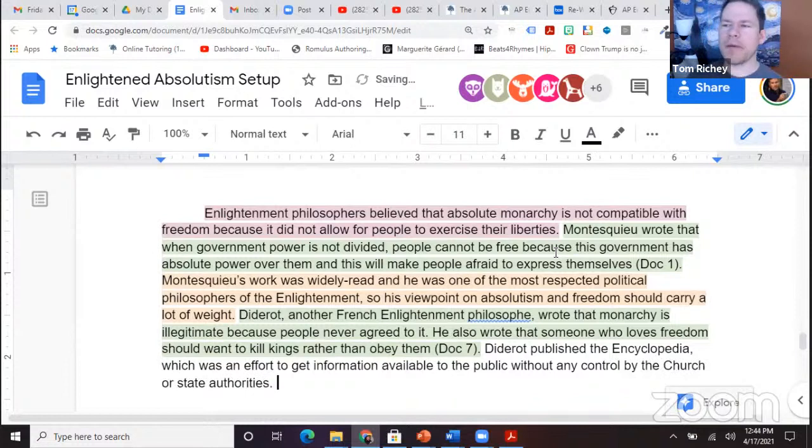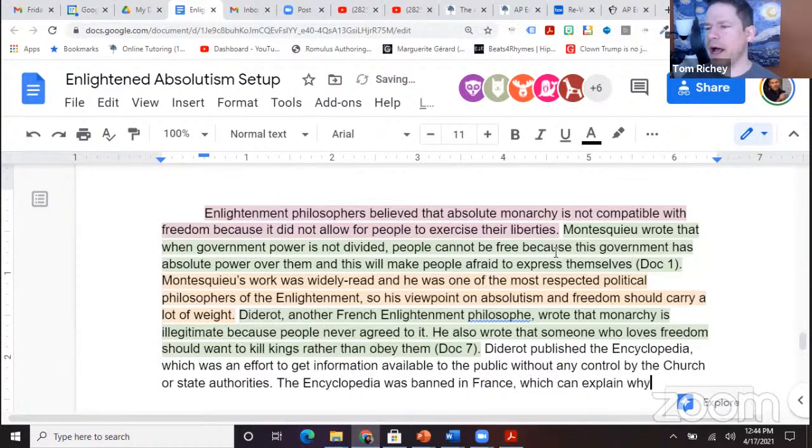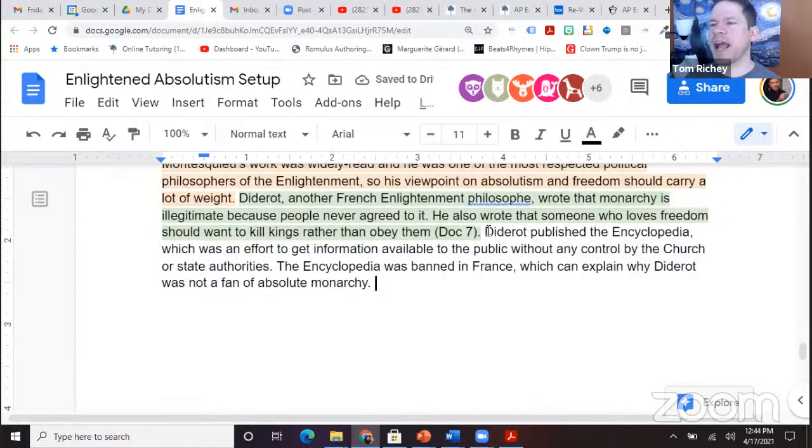The Encyclopedia was banned in France, which can explain why Diderot was not a fan of absolute monarchy. So we did some analysis and some historical context.